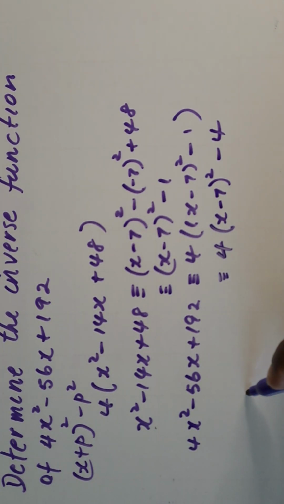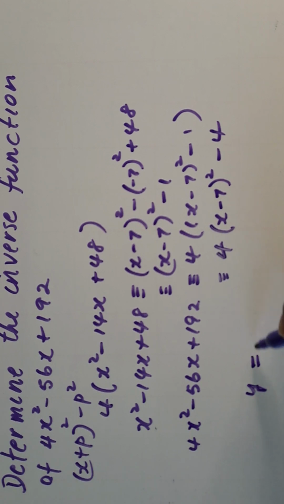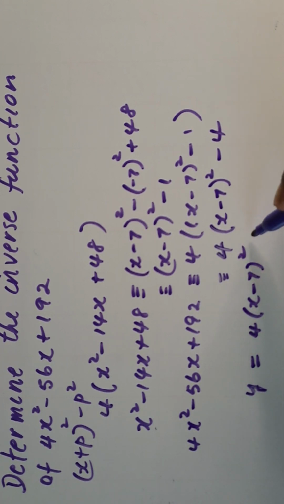So we can write that y is equal to 4 into (x minus 7) squared minus 4. Now we want to express this in terms of x. So we can rearrange first and then divide by 4.